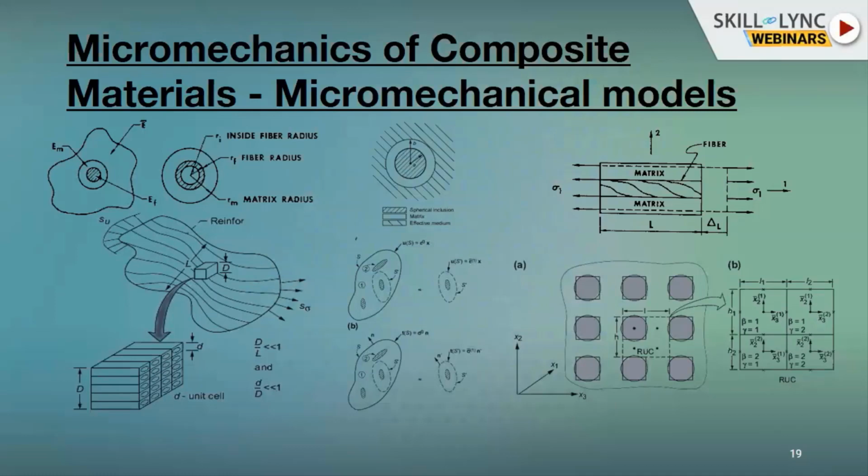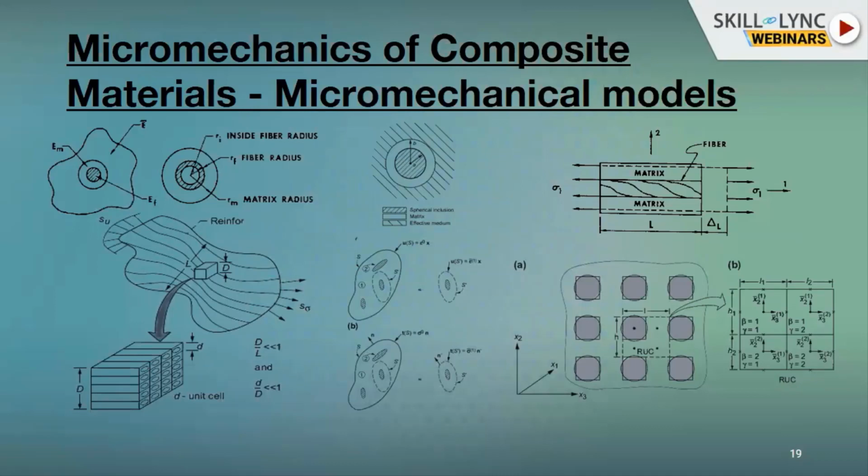We analyze the unit cell, and the overall properties of the composite can be obtained by considering a small portion of the composite. So this forms the basics of the method of cells. In the bottom right, you can see a small representation of a repetitive unit cell. From the unit cell we will form the main geometrical representation of the composite material.